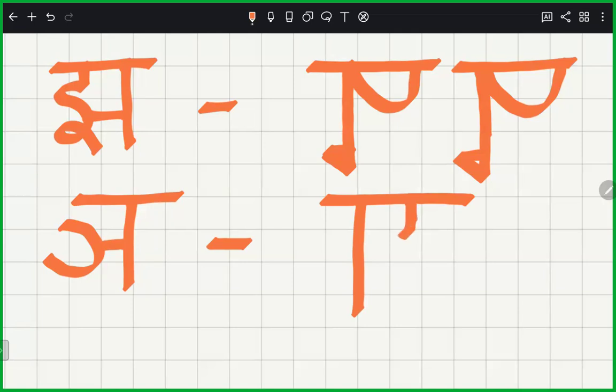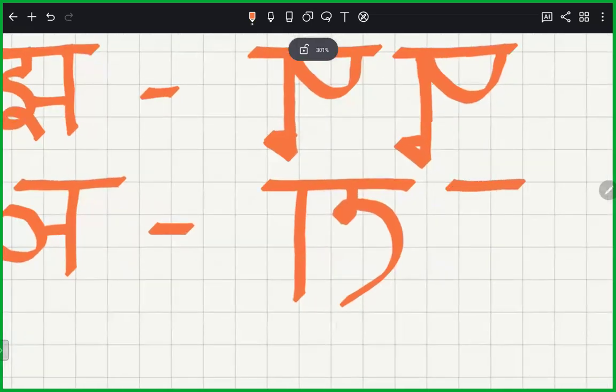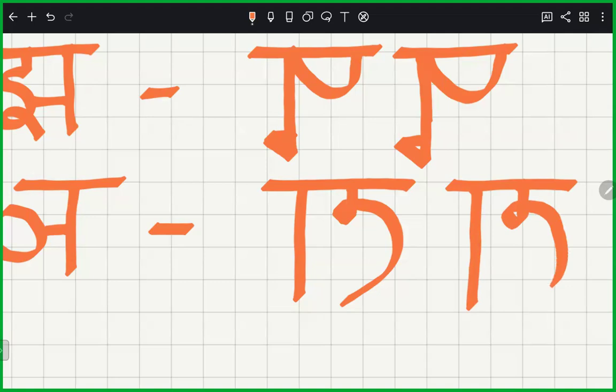And from here, I take my pen like this towards the right-hand side and get it back here. So let's draw this again. A vertical line, leaving some gap, a smaller hook-like stroke here. Then from here onwards, I just curl up my pen. I make a small round here and get it like this. This is 'nya'.